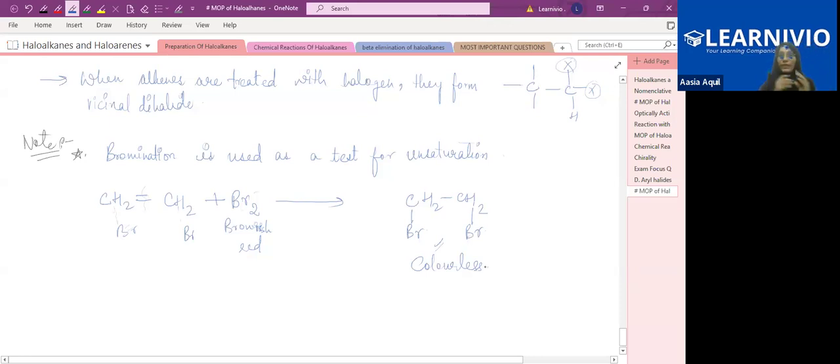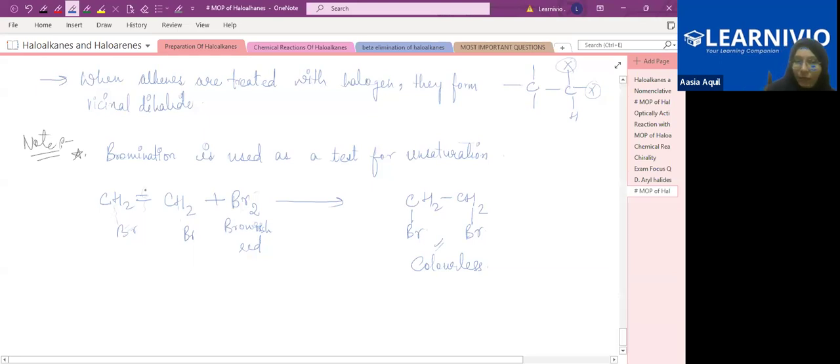Because the color of bromine is brownish red, when you put this brownish red color into the alkene, the alkene changes into a colorless substance, which shows the unsaturation test.